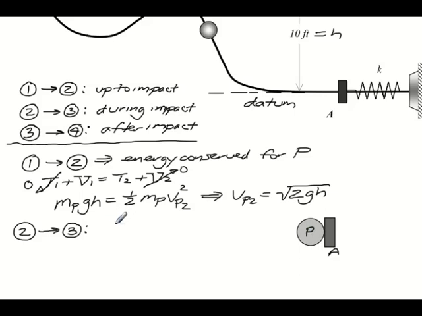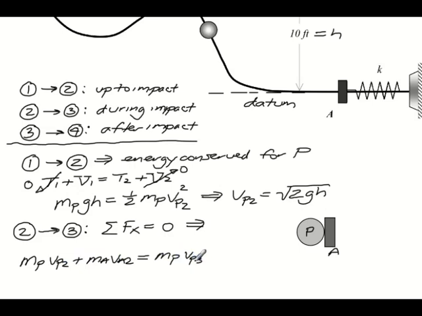Because of that, I can say that the net force on the system of A plus P is 0. So the linear momentum is conserved. So m_P v_P2 plus m_A v_A2 is equal to m_P v_P3 plus m_A v_A3.